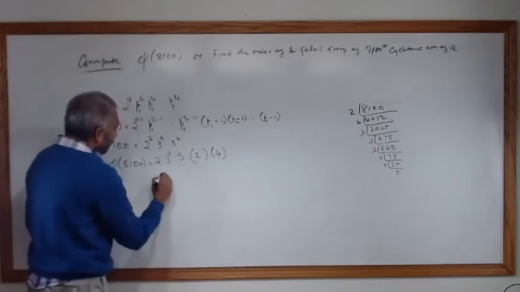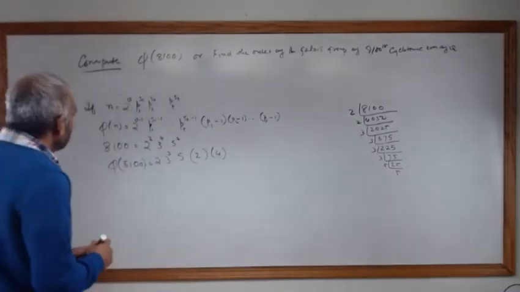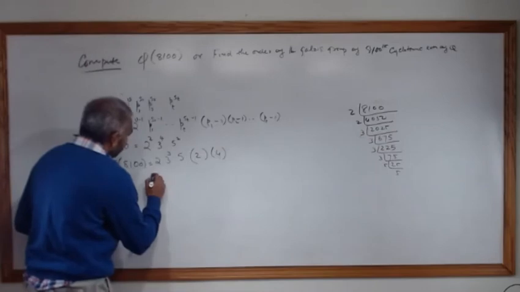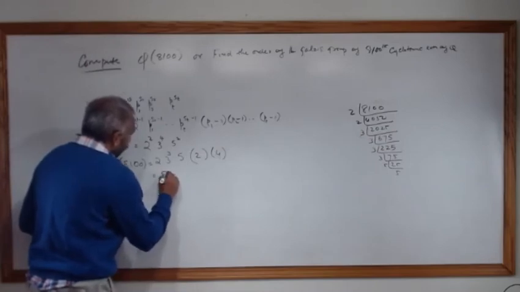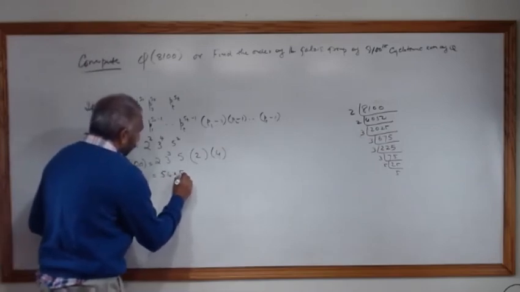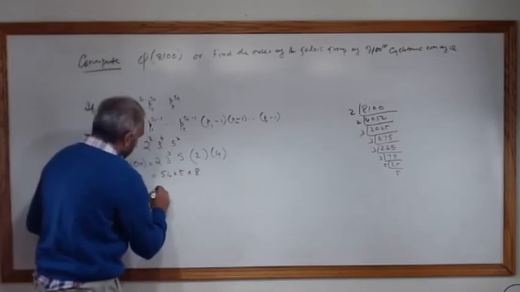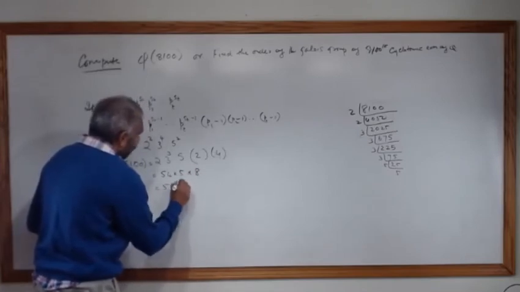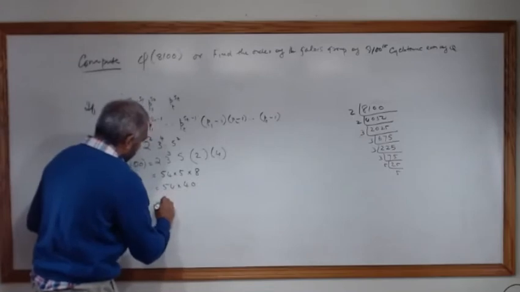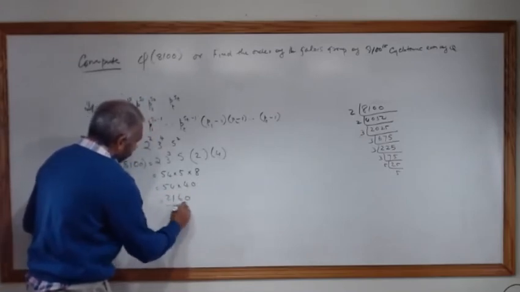So this is going to be 54 times 5 times 8, that is 54 times 40, and that is 2160.